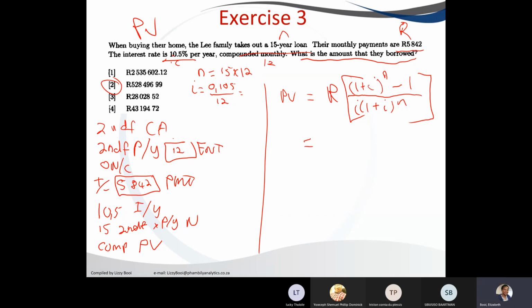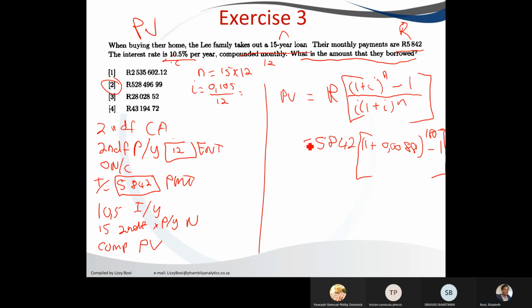So our R is 5,842 times 1 plus 0.0088 to the power 15 times 12, which equals 180, to the power 180, minus 1. Oh, sorry, not close it there, but close it there at the bottom.